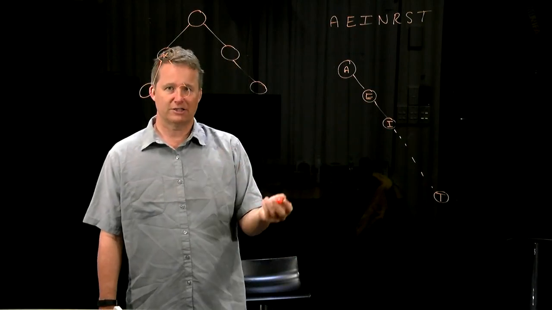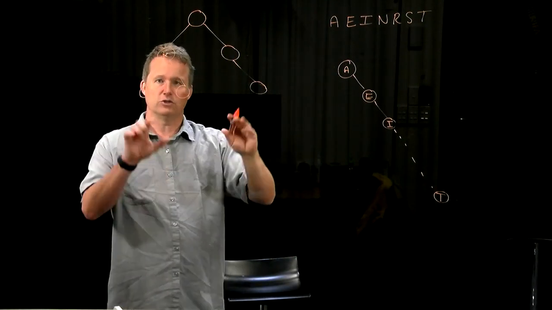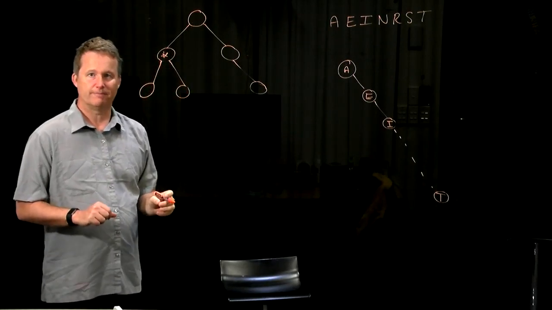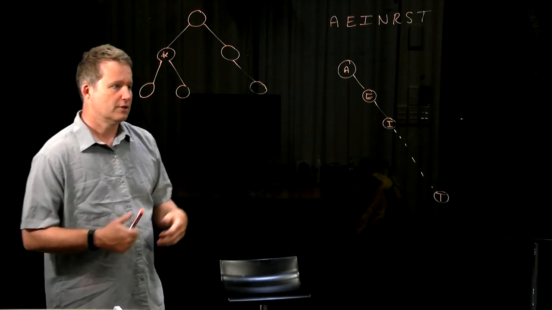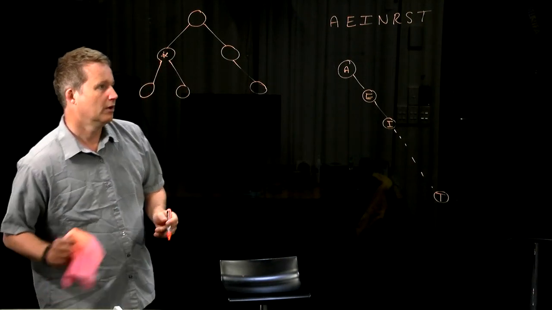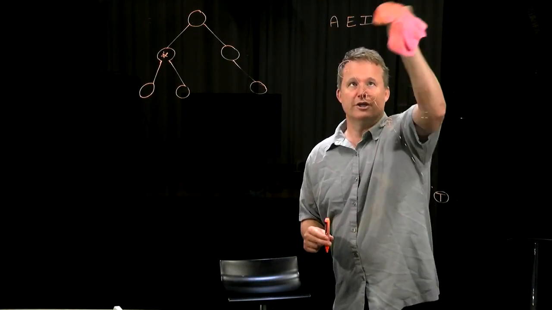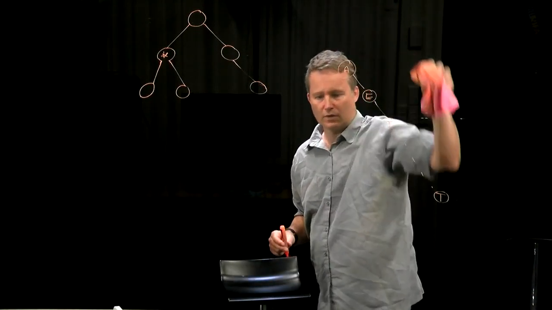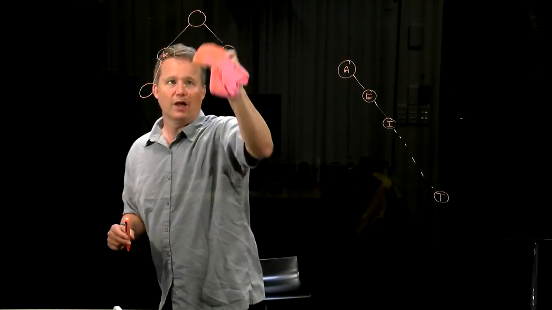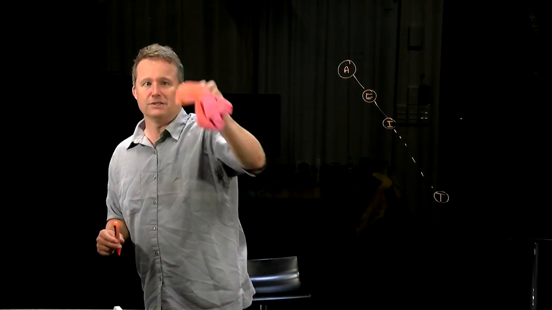Or I could have the nice balanced looking tree that we had before with N at the root and two subtrees of size 3. That had a much smaller height, namely 2. Each of those would be valid binary search trees, but some of them are better than others if we want to have good performance.